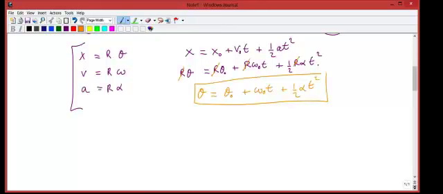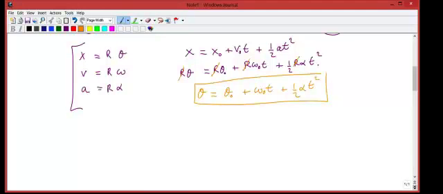I'm not going to waste your time by doing stupid problems such as let's start from rest and go in a circle for 2 seconds with an angular acceleration of 3 radians per second squared. What is my final angular velocity? If you know how to do chapter 2, you know how to do this one. All you have to do is add the angular term in front of every term, and it's the exact same problem.